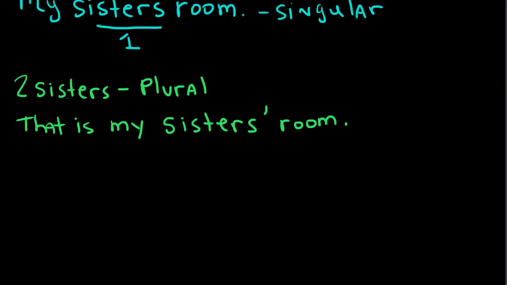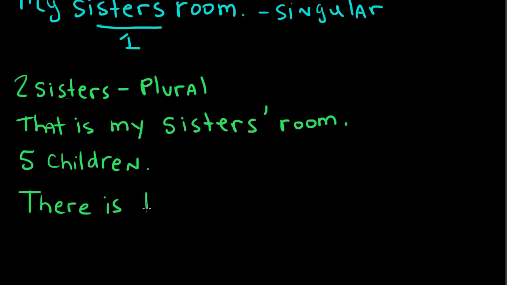So let's look at another example of the plural. For example, you have 5 children in the classroom. You can say, there is the children's book, the children's classroom.